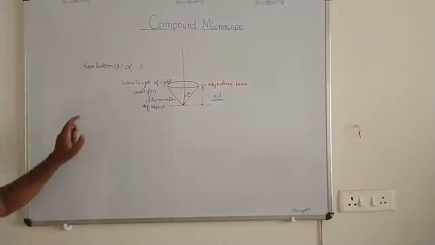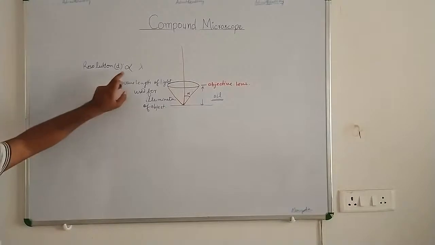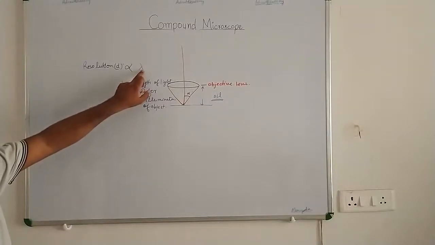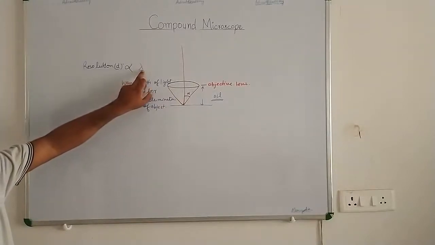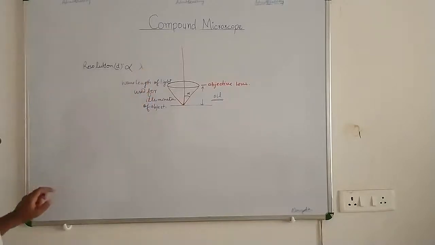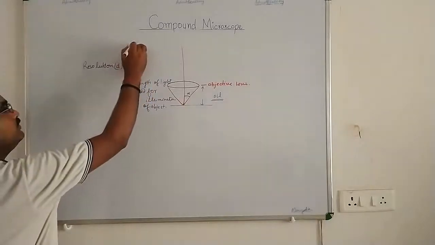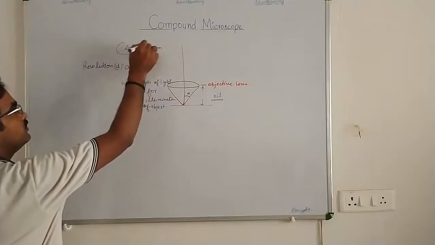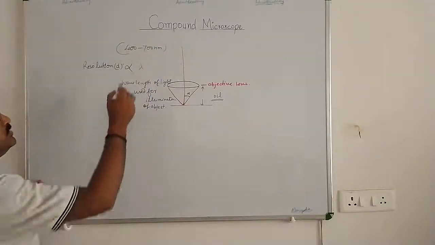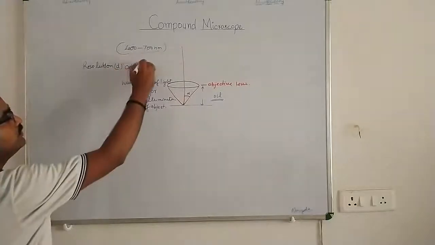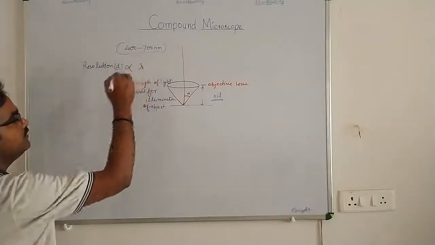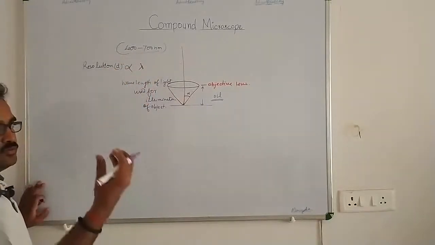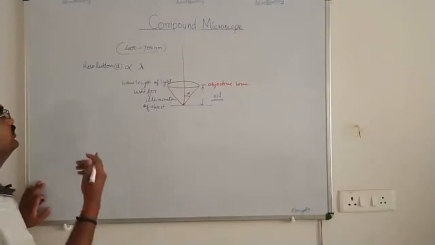So resolution depends on the wavelength of light. This may be in nanometers. If it is a light microscope, then 400 to 700 nanometers, the visible range, is the wavelength of light that we use for illuminating the object.